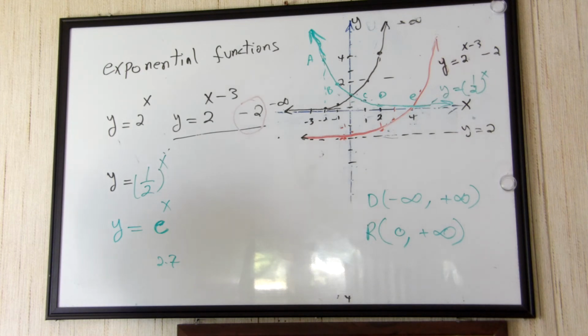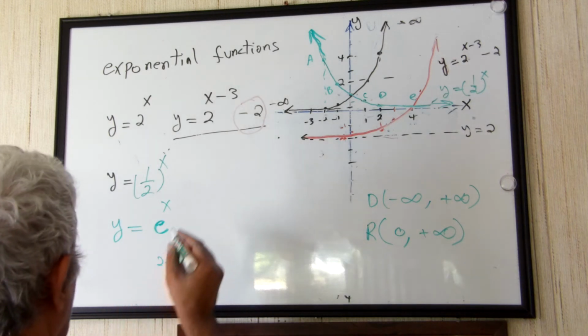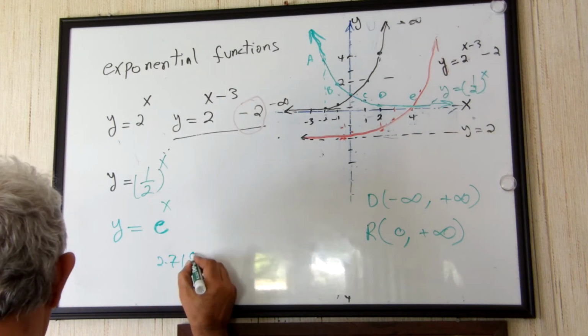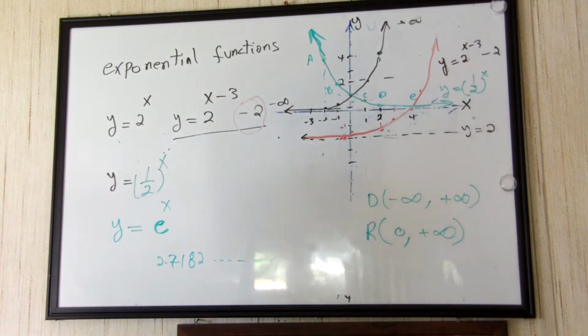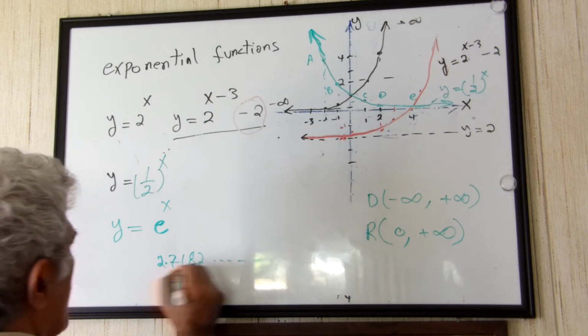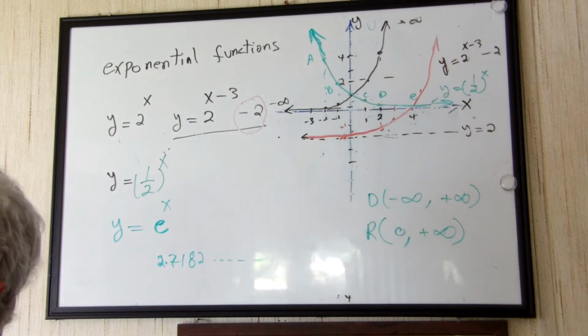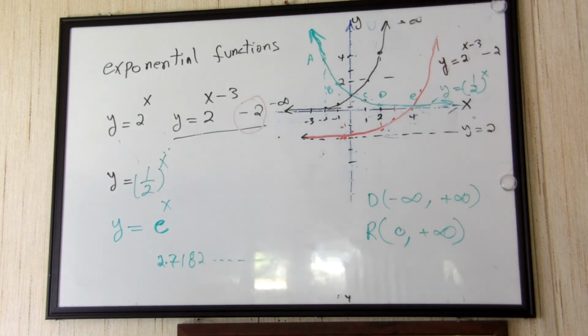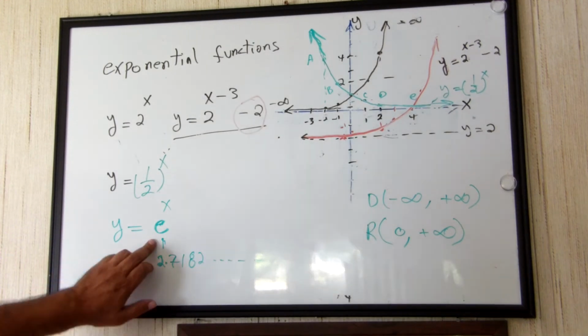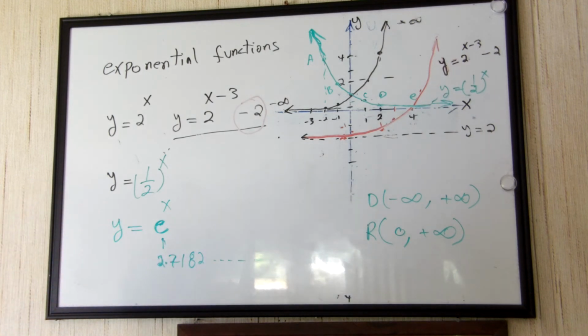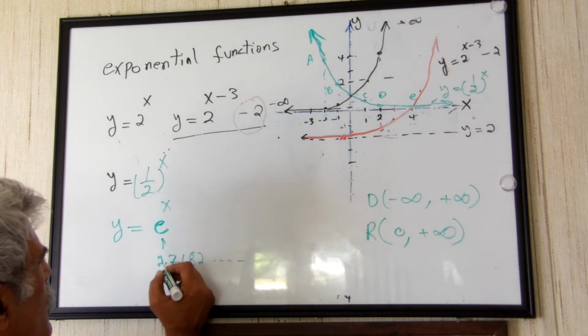It is an irrational number, so every time it's a different number of digits. Anyway, you do the same thing, but when you graph it, you'd better do it through the calculator.